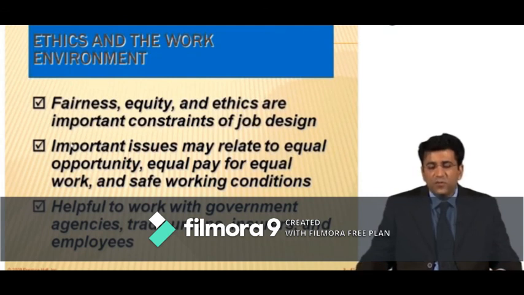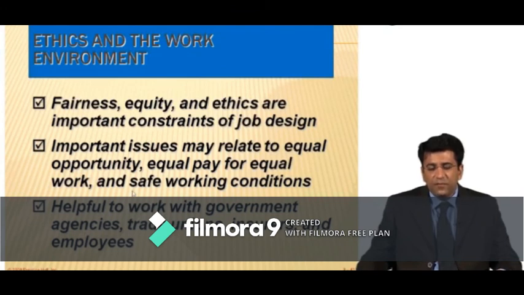So there should be a system of fairness, equity and ethics within the organizational environment. Then again, equal opportunities may be provided to the different employees, and safe working conditions should always be provided. And again, this is the ethical requirement on the part of the top management and the organization, that they should always provide this equity and safe environment for their employees.